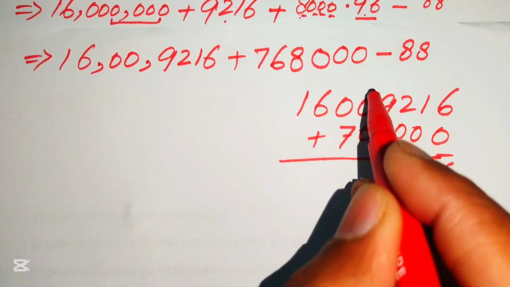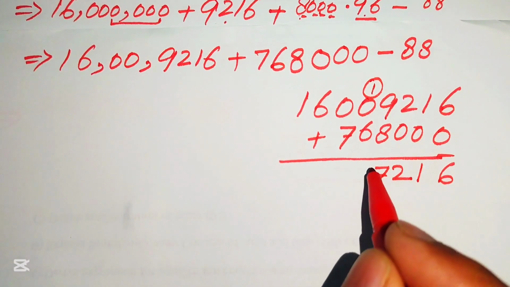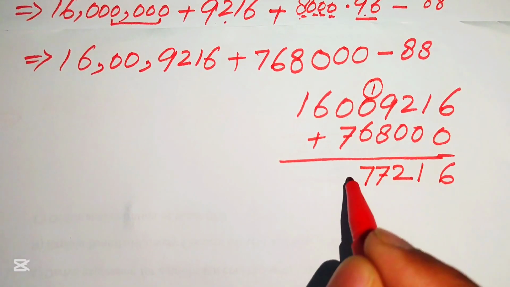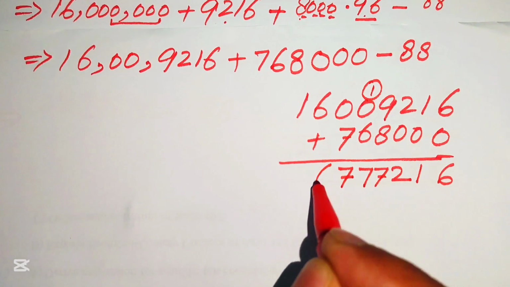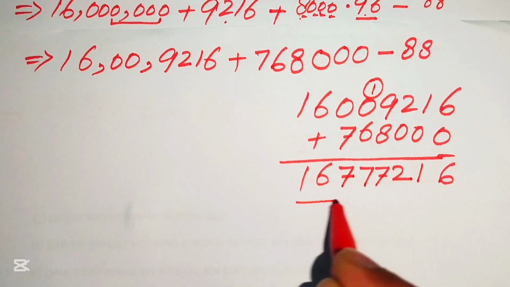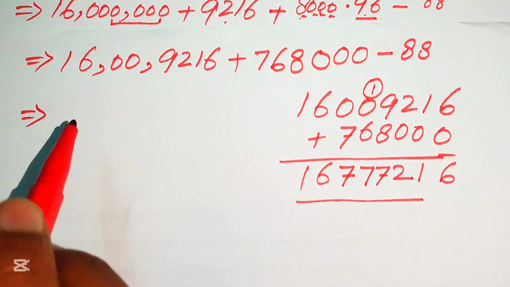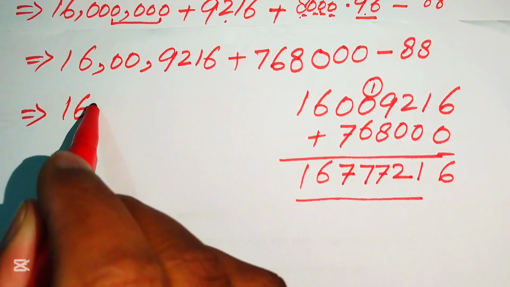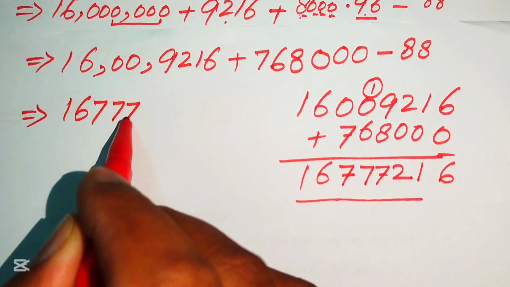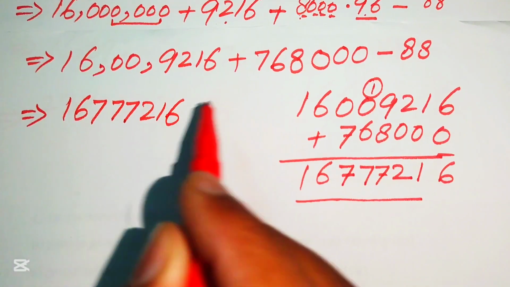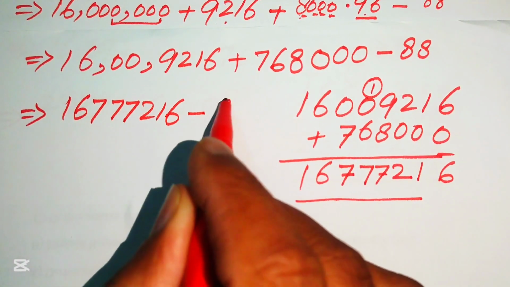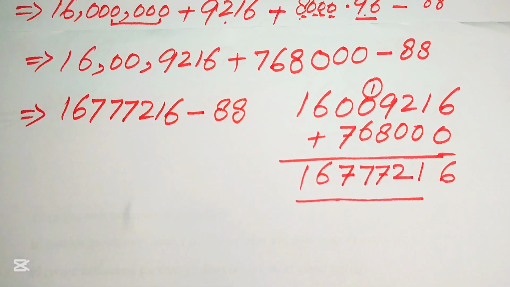We write 7 and carry 1. 6 plus 1 is 7, 7 plus 0 is 7, and this is 6 and 1. It means that when we add these two numbers, it equals 16777216, and it is subtracted by 88.